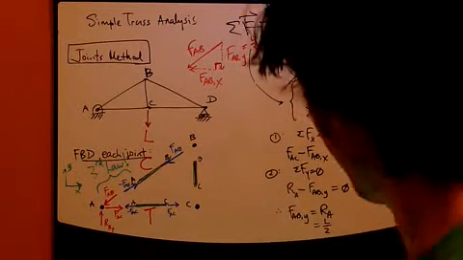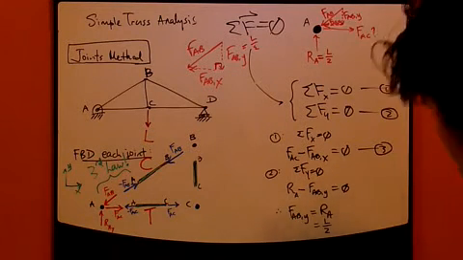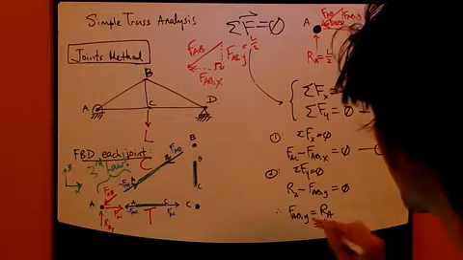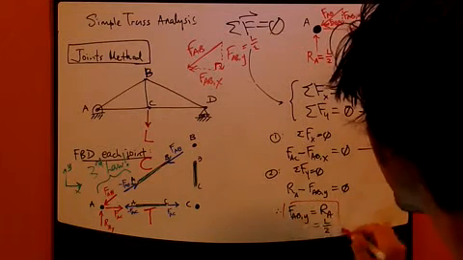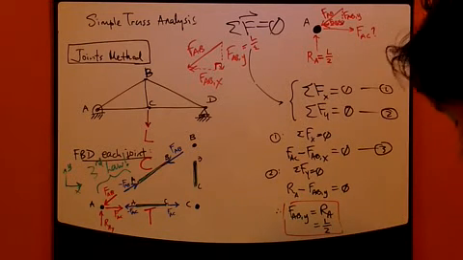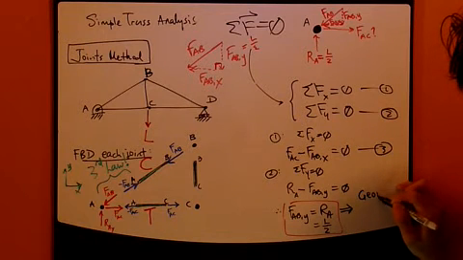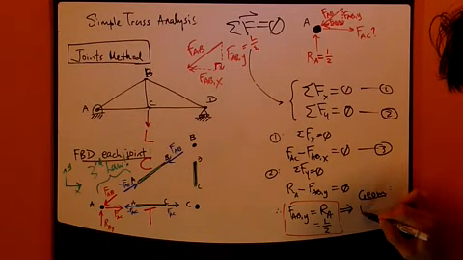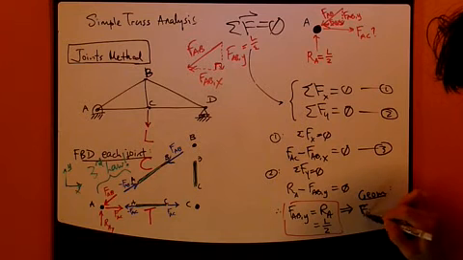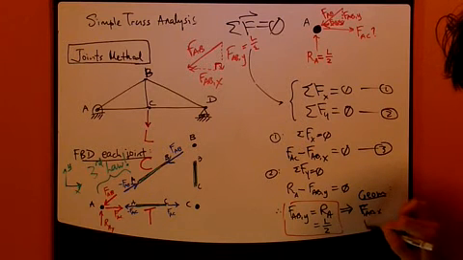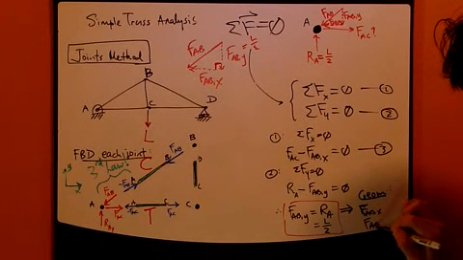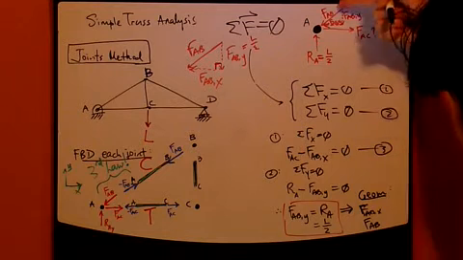This is just a hypotenuse. So this is like the intermediate result. And using geometry, you can find out FABX and FAB, which is one of the unknowns.